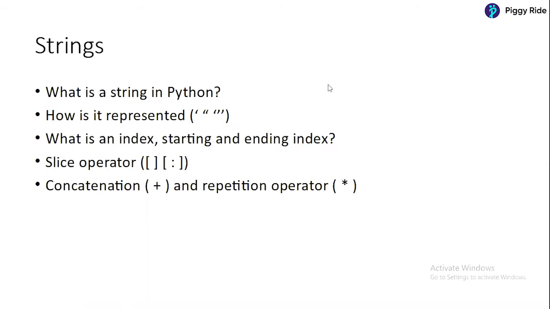What is a string in Python? How is it represented? I told you, you need double quotes to represent a string. Correct? Yes, sir. And then you need to do slicing. For example, in your name there is Asad, right? If I want to print just A out of your name or S out of your name, you have to do it using the Python program, correct? Yes, sir. We can also do concatenation.